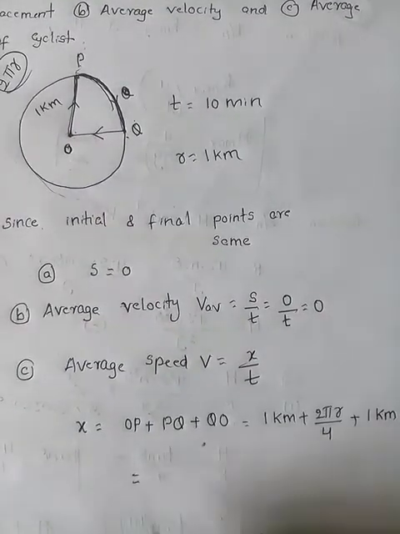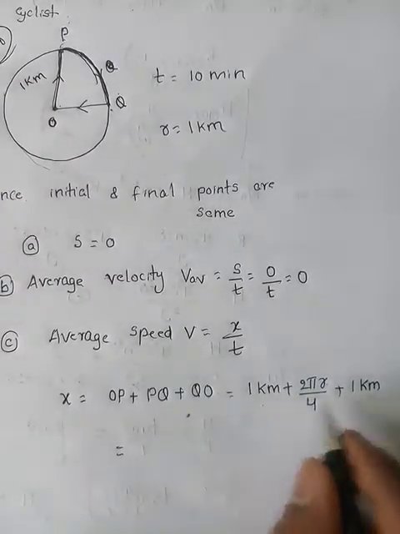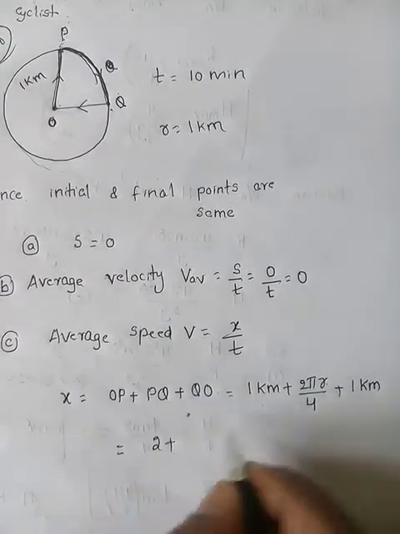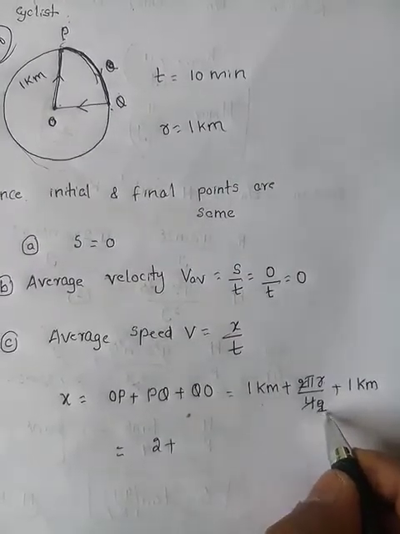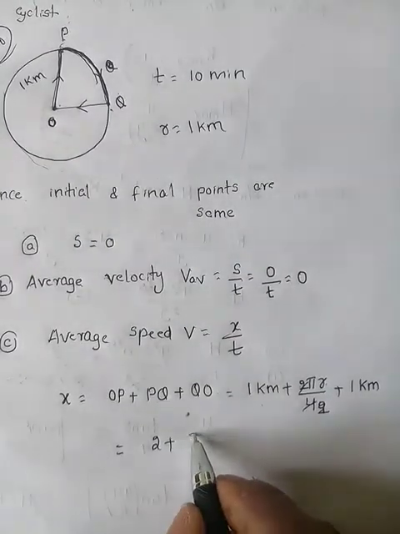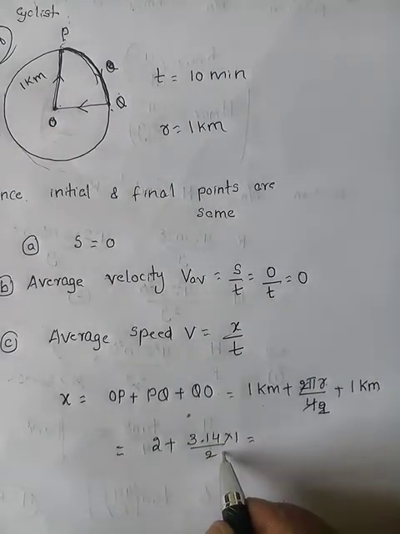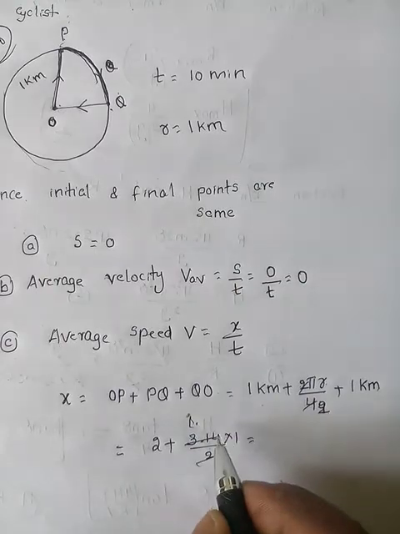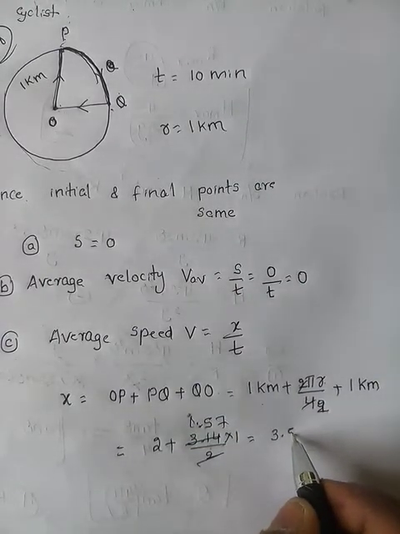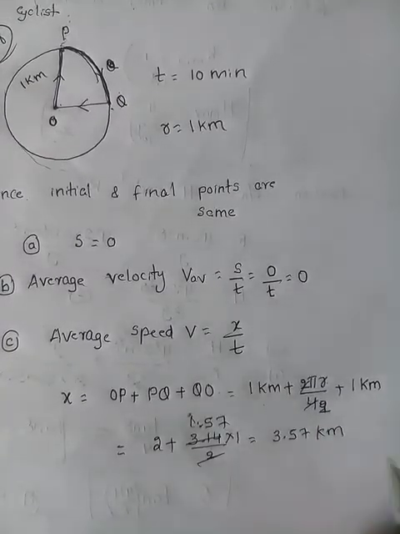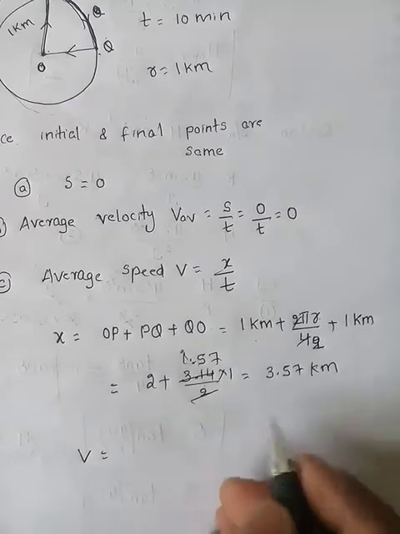Now, if you calculate, 1 plus 1 is 2, plus 2 pi by 4, that is pi by 2. Pi is 3.14 divided by 2 into 1. Total how much? 3.57 kilometer.